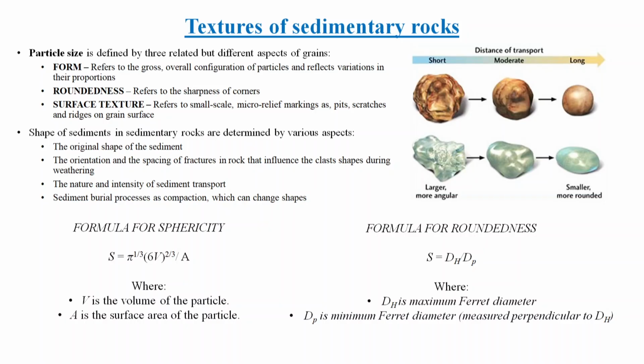So, your particles also will get abraded due to physical weathering between them, as well as during transport, because again I will take this example that some particles are getting transported in a river, for example.